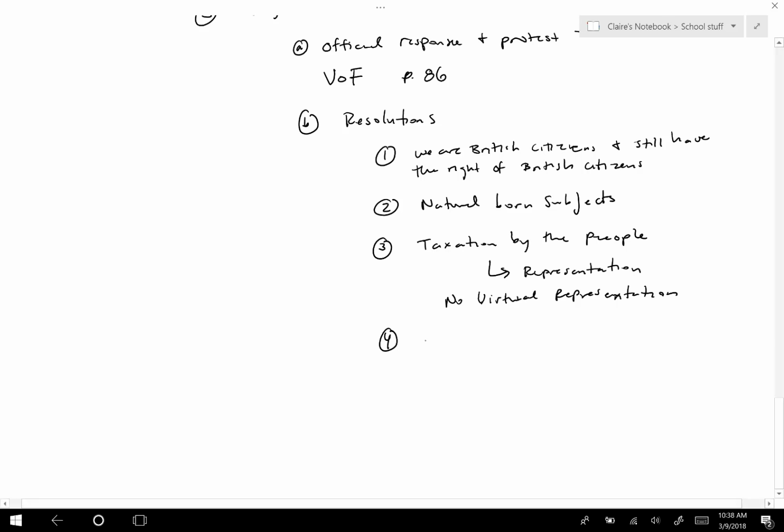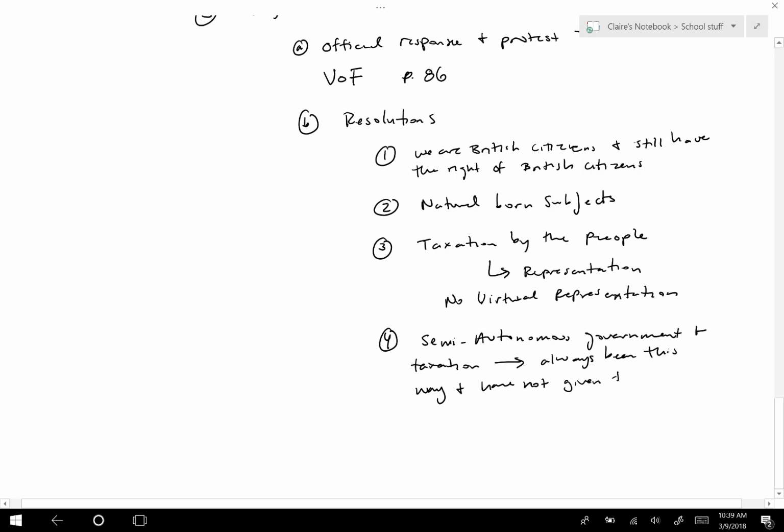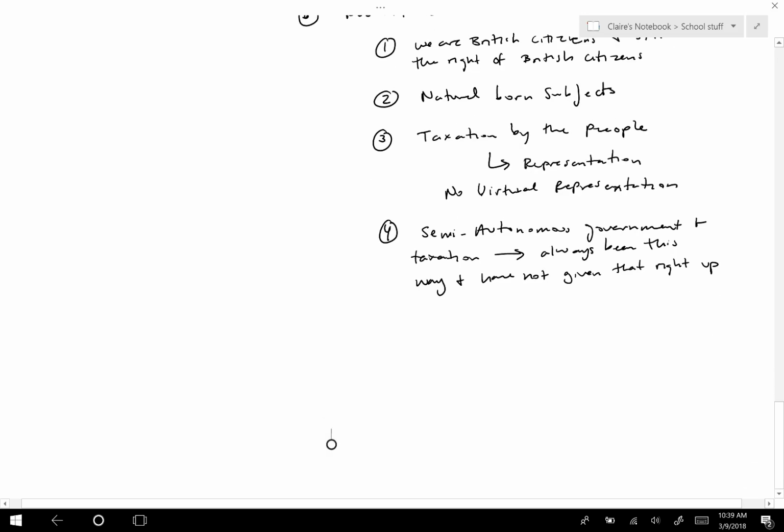So you have basically this semi-autonomous government, and taxation has always been this way, and they never gave that up and have not given that up. Now, those are the ones that were passed.